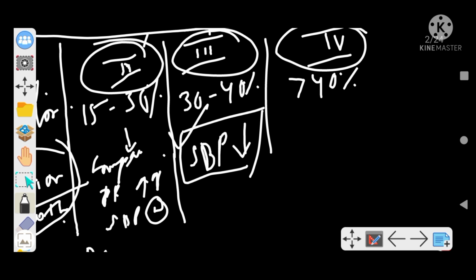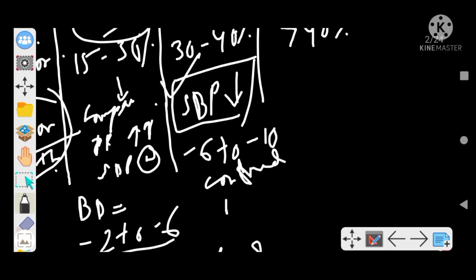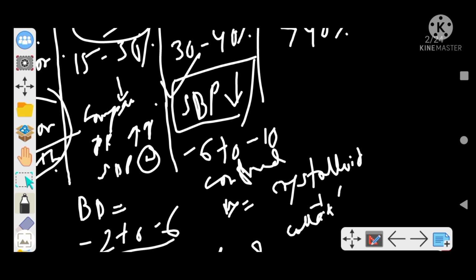In class 3, here is the important part, and this you should remember: systolic blood pressure decreases, and base deficit is minus 6 to minus 10. The patient remains confused here, and management is crystalloid plus colloid in the ratio 3:1.